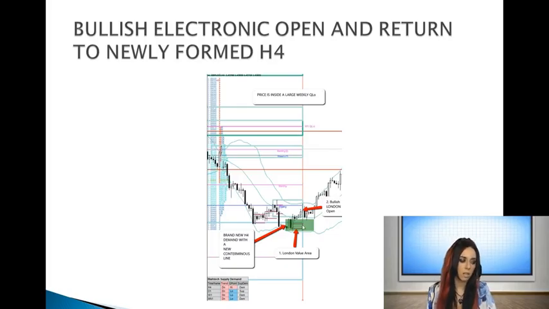If it does, that's a very, very bad sign. It is important that the price on pullback tests the value area high, even tests the value itself, but as long as the 30-minute candle doesn't close inside the value, it is still a bullish setup.